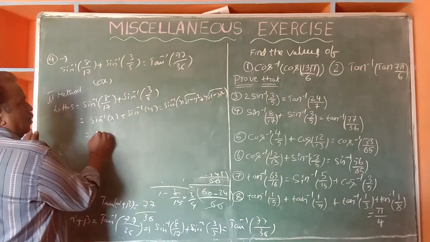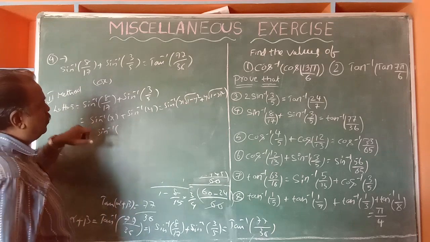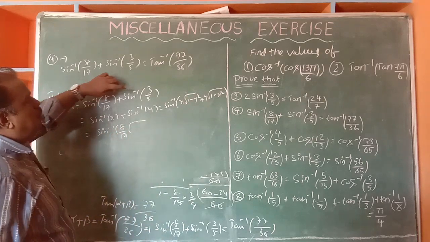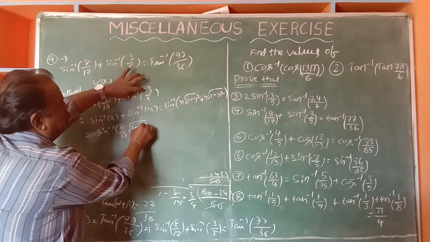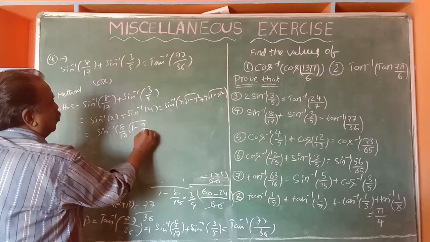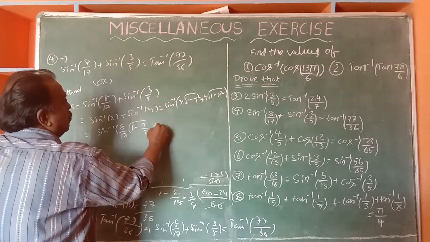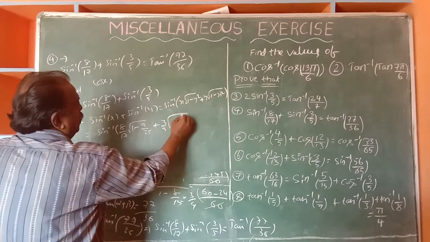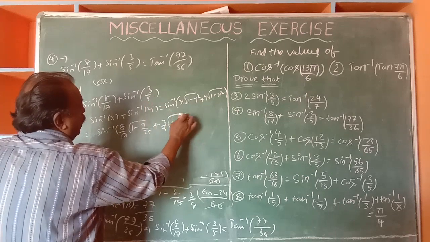So x is 8 by 17, root 1 minus y square with 3 by 5 squared, and plus y is 3 by 5, root 1 minus 64 by 289.